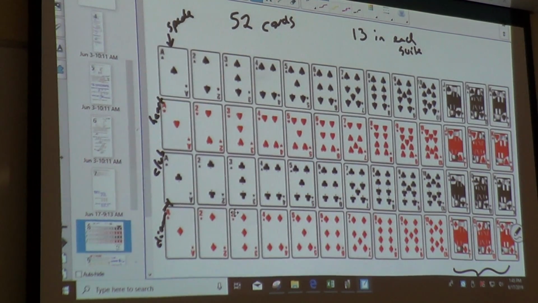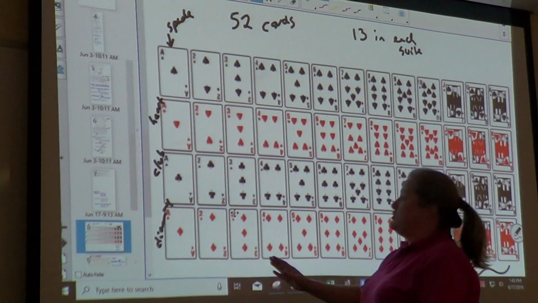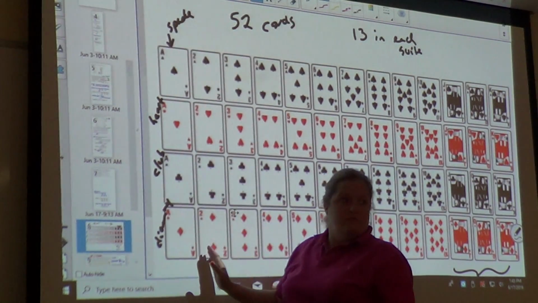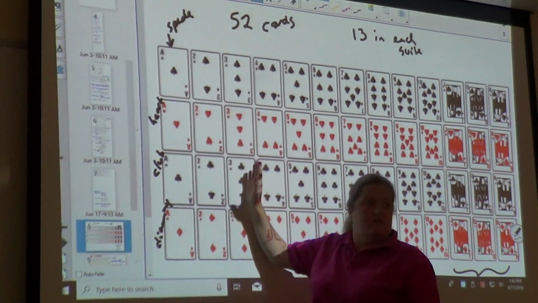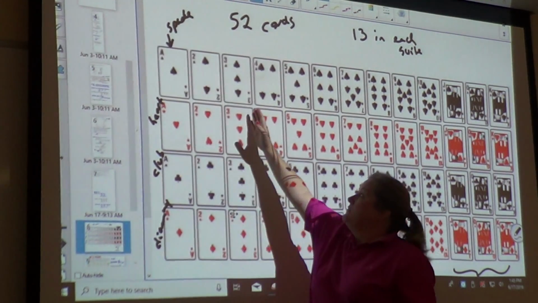So I've got to do the probability of a 2, the probability of a 3, minus any double dipping. So what's the probability of picking a 2? 4 out of 52. What's the probability of picking a 3? 4 out of 52.